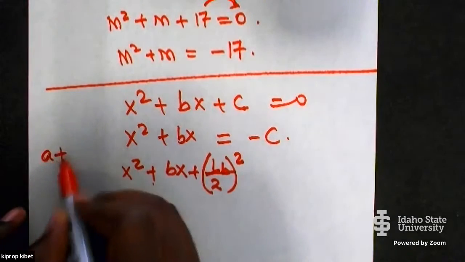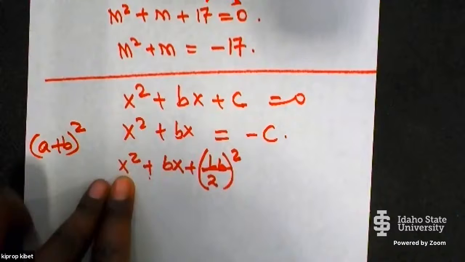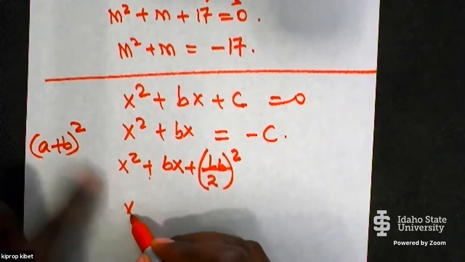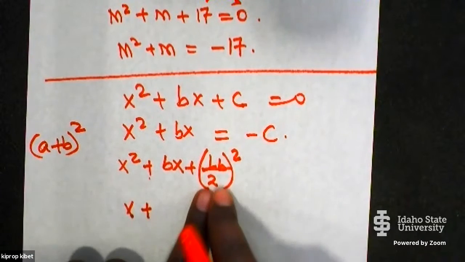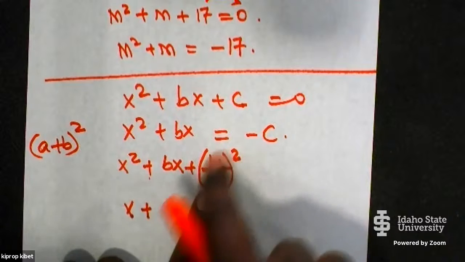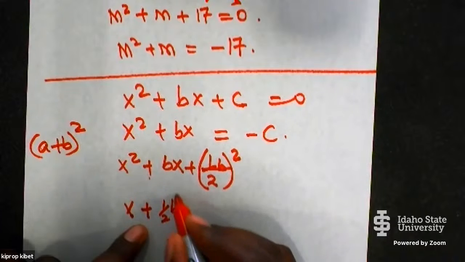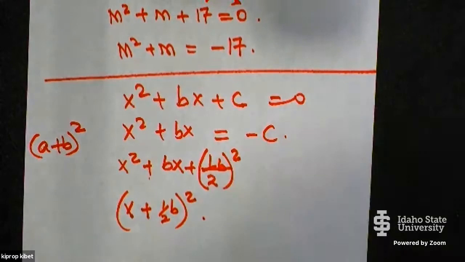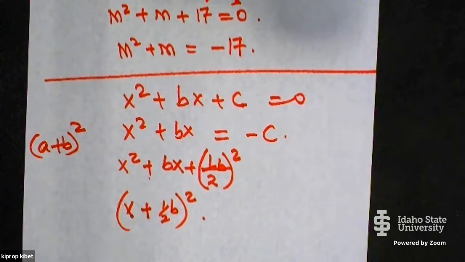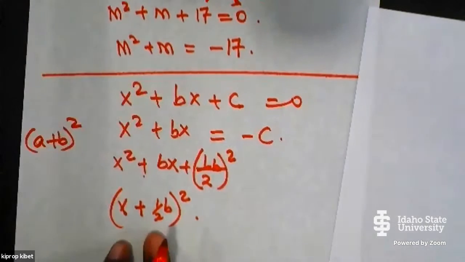So it will be of the form (a plus b) squared. So x is a, and then plus the whole of this, which is inside here, will be 1 over 2 b, and then you square. So that's how you do the completing squares here.